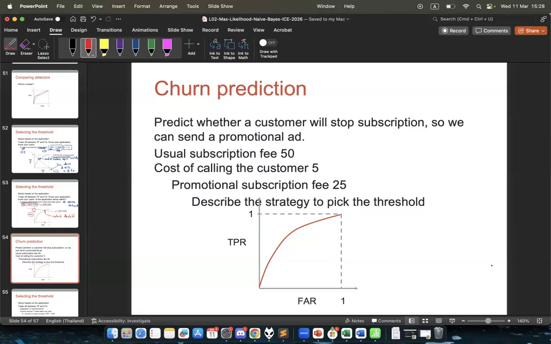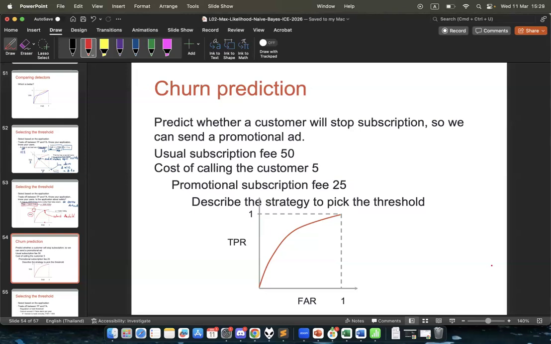Let's say that I work at AIS, managing the subscription plan for the telephone. My goal is to predict whether a customer is planning to switch from AIS to True.